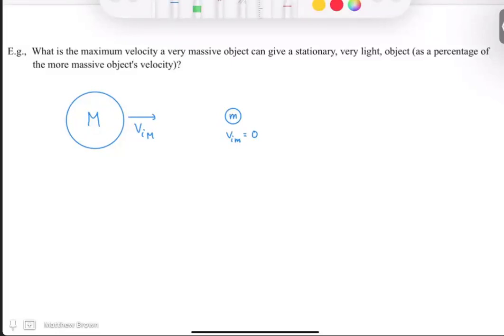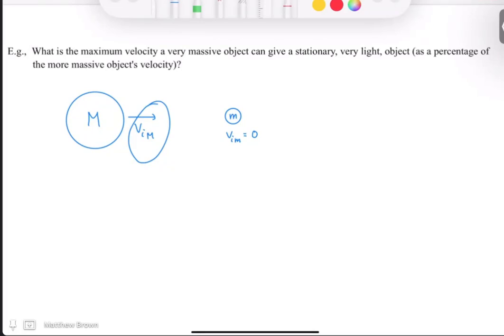And so, again, think of it like this is a wrecking ball. We'll let this be an elastic collision. So picture a big M, and the little m is maybe a golf ball or something, right? And just try to think to yourself, well, what is the maximum? I don't know what this velocity here is, but it could be any number. It could be 10 meters per second. I don't know.